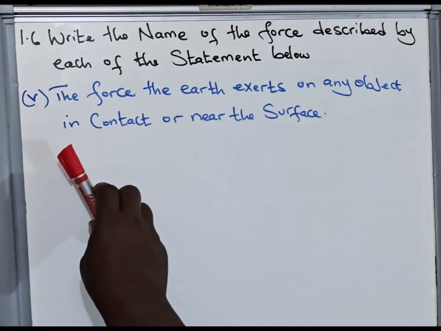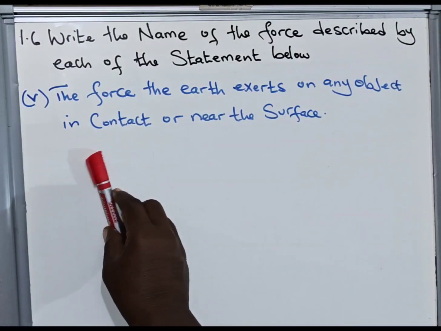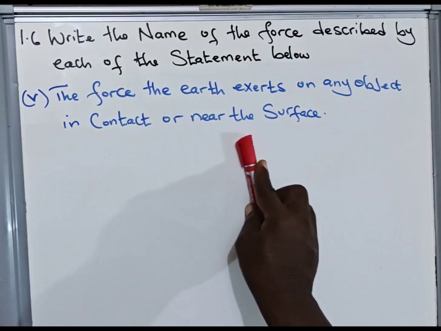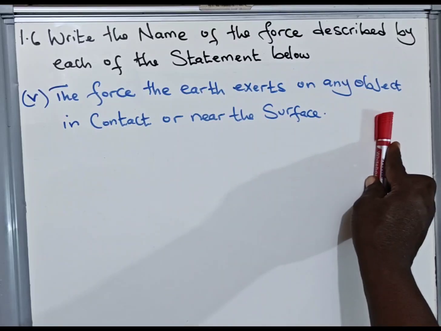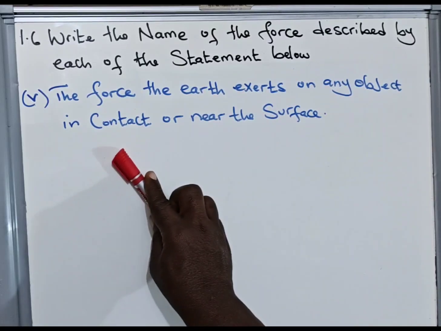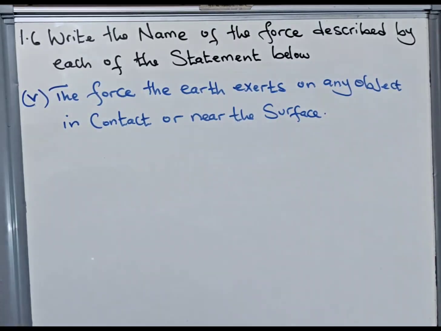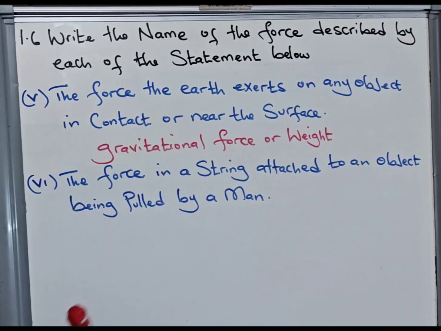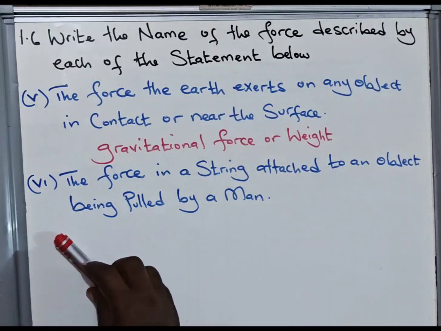Then we come to this one. It says the force the earth exerts on any object in contact or near the surface. What do you call that force? We call it gravitational force or weight. Then we come to this one.